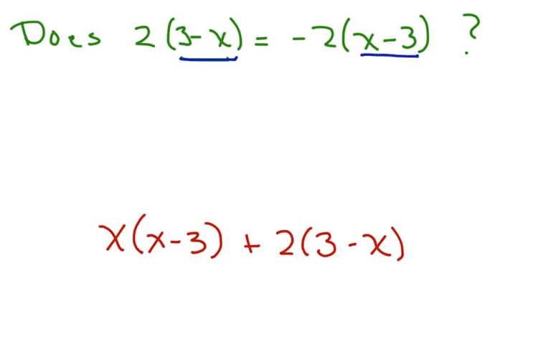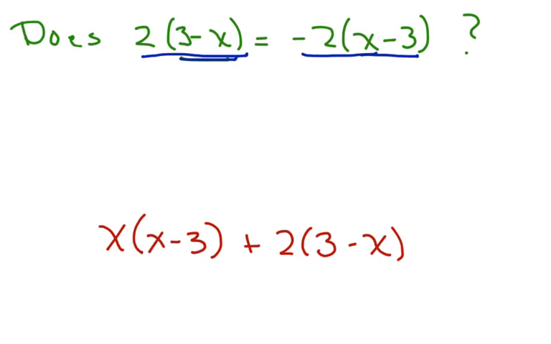No, these are not the same, because if you let x be 5, you have 3 minus 5 here, and you get negative 2. And if you let x be 5 here, you have 5 minus 3, which is 2. They're not the same. But we're going to look at the whole picture. Does this expression equal this expression?